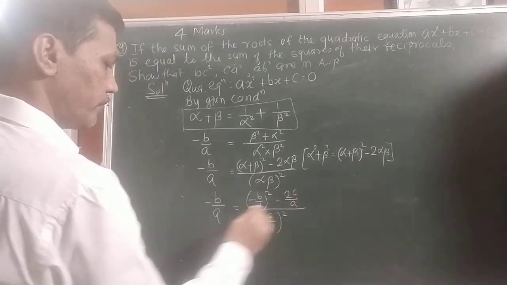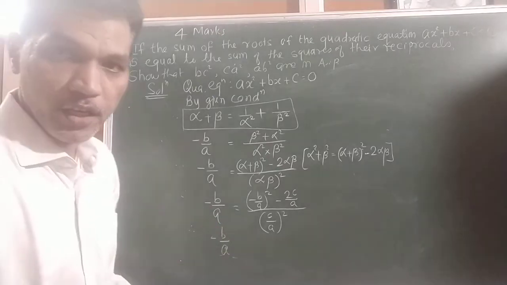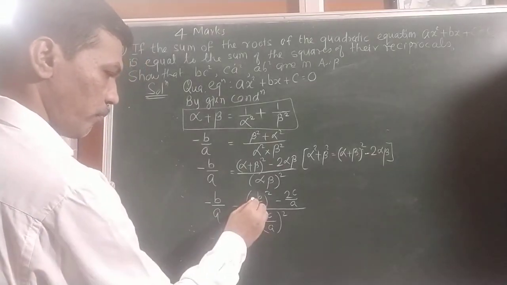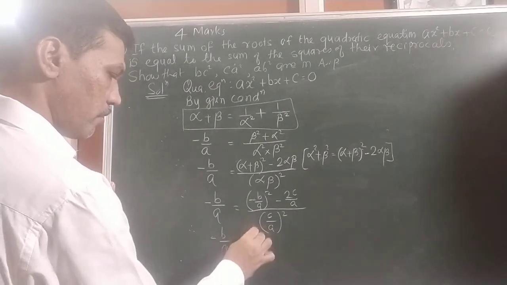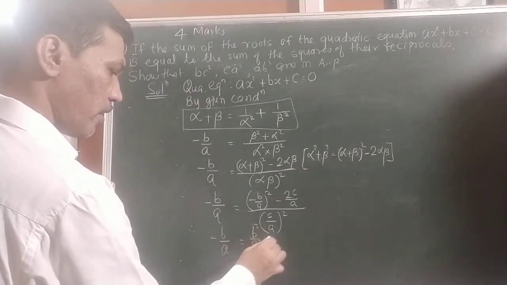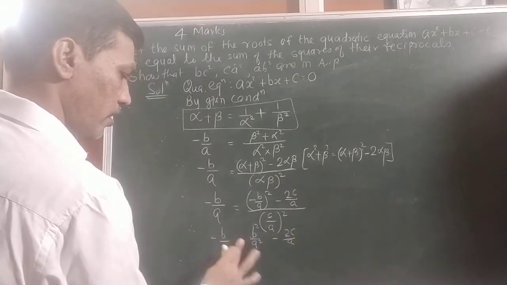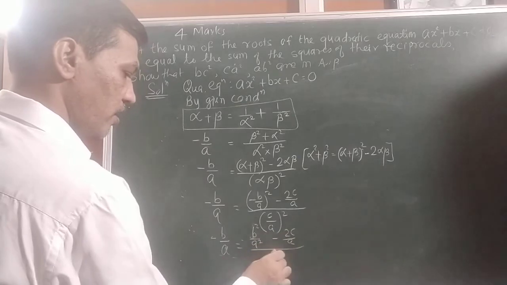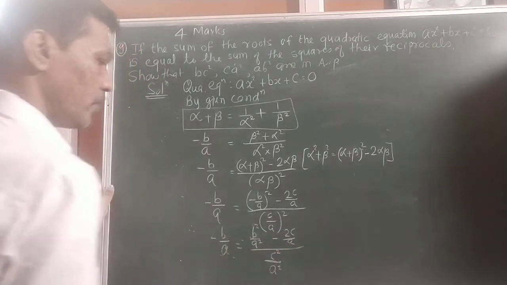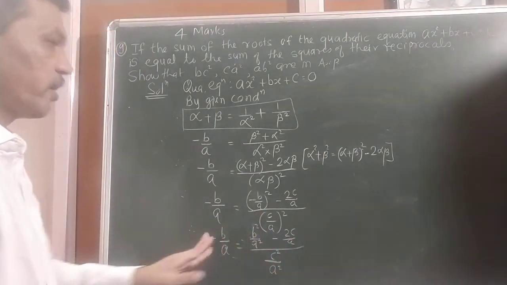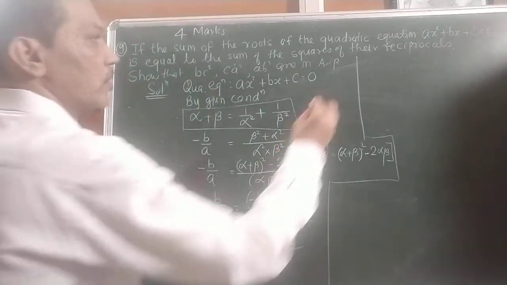So minus b upon a is equal to b square upon a square minus 2c upon a, divided by c square upon a square. Now here the denominator is not the same, we can make it equal. The remaining steps I am writing here.